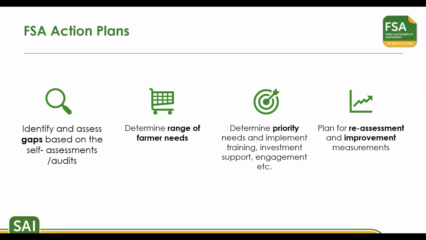You identify the gaps, and then you look at the range of needs for your farmers. So it may be that some of the gaps are determined, such as there not being a strong water management aspect for your farmers, that they may be scoring poorly on water management, and that needs to be improved.